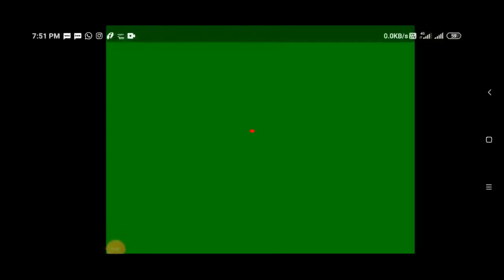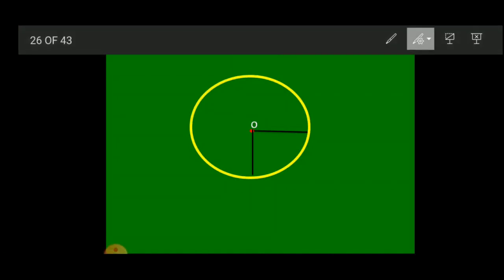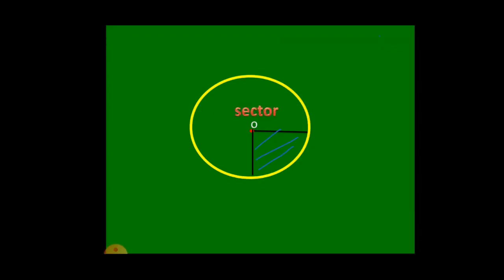Now what I'm going to do is draw one circle. So here is the fixed point, which is O, and here is the circle. Let's take one radius and a second radius. The part of the circle which is between these two radii is known as the sector of the circle.